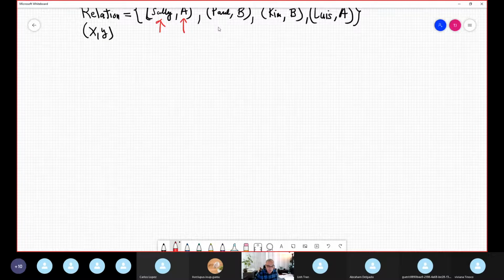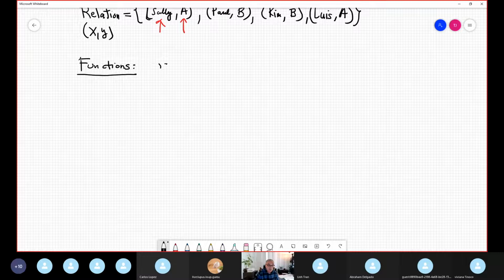Now, function. Function is more interesting. Let me copy the definition of a function, and after that we analyze it, because the definition is a little bit confusing, at least for me.